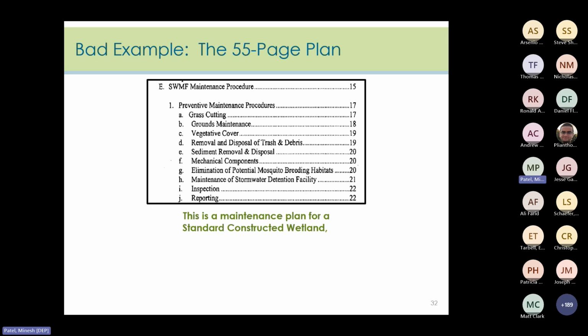What this illustrates really is that the reviewer has a responsibility to check the details that are provided in the plan so that the permittee meets the permit requirement to ensure long-term operation and maintenance. In this case, this is an actual approved maintenance plan that had absolutely nothing to do with the constructed wetland that's shown on the approved plan.